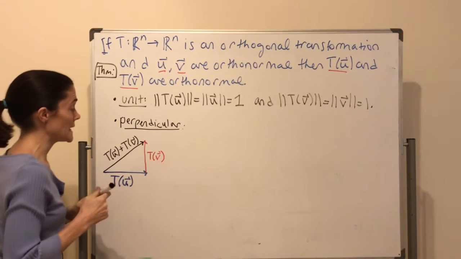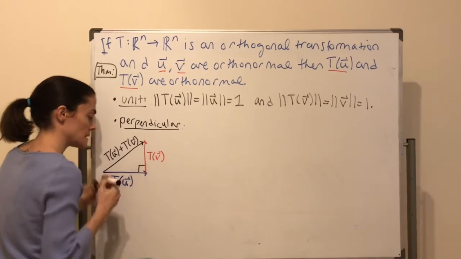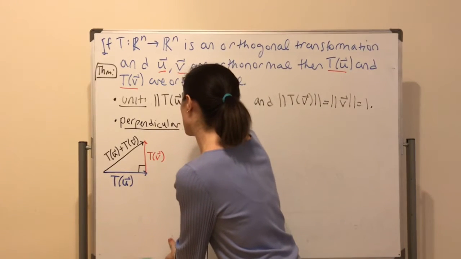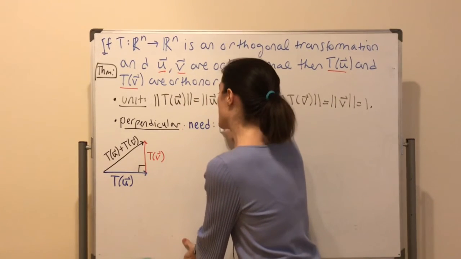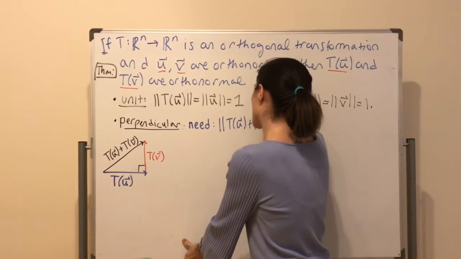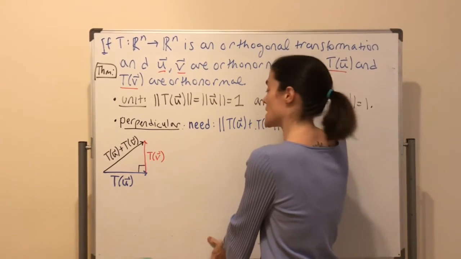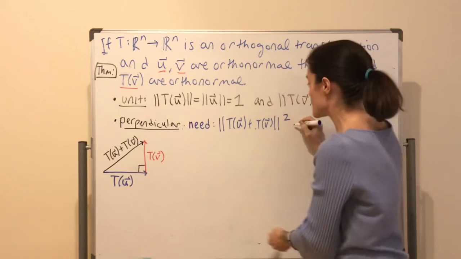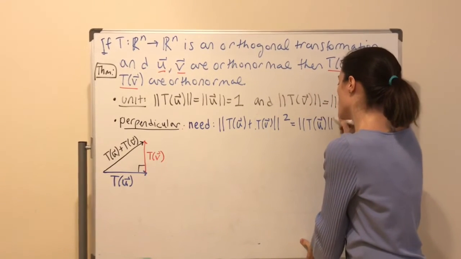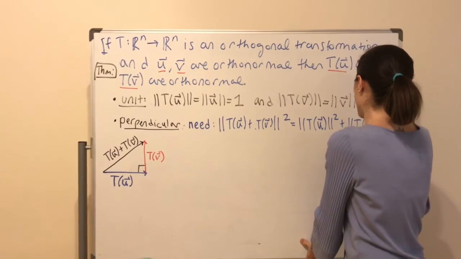Now, what I need, if this is a right angle, this is what I need to show, is that this length squared, T of U plus T of V, this length squared, that's the hypotenuse, needs to be equal to the length of T of U squared plus the length of T of V squared.